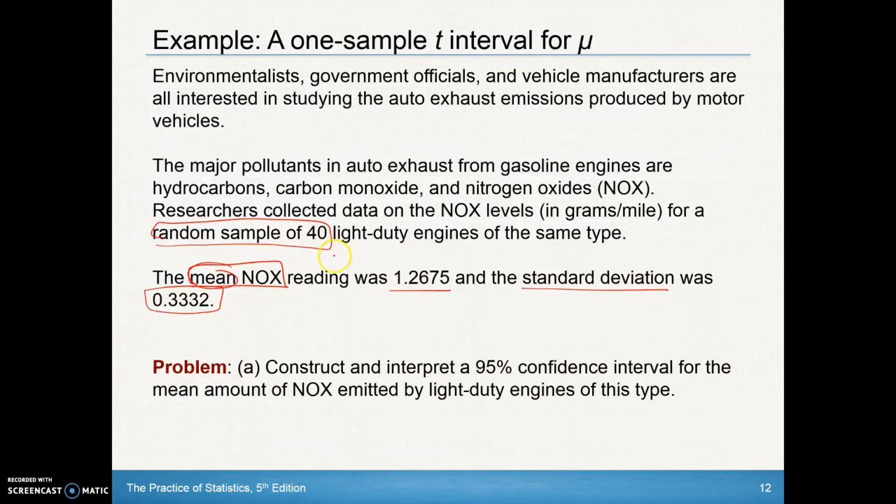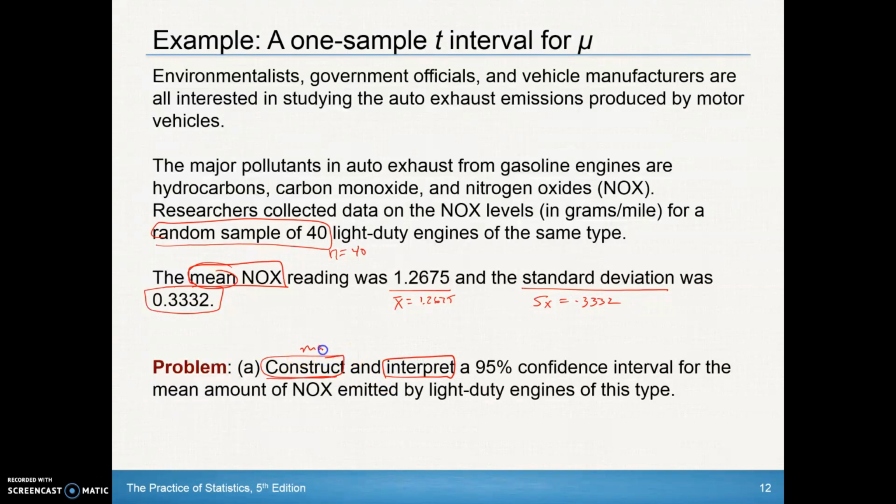So some of the things I might write down at this point are, I know my sample size is 40. I know my mean is 1.2675. And our standard deviation of that sample, so our S sub x, is 0.3332. What we want to do is construct and interpret. Make sure we do both.